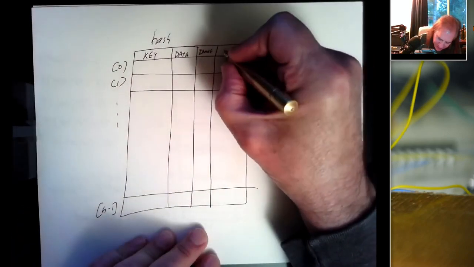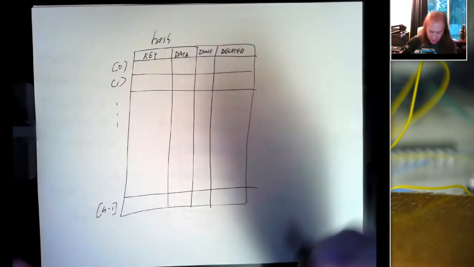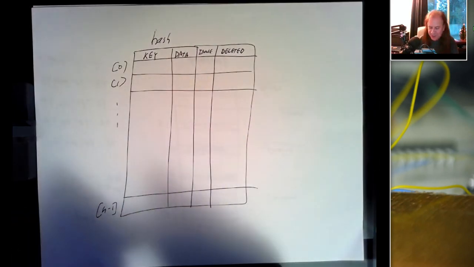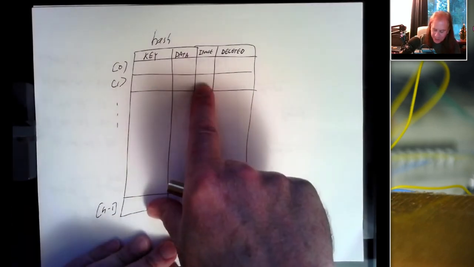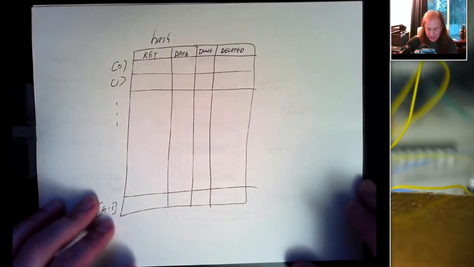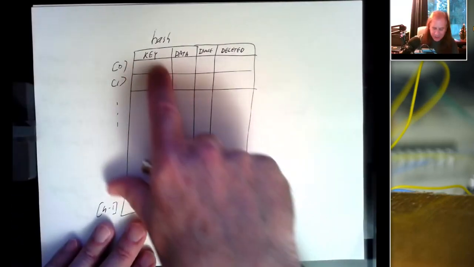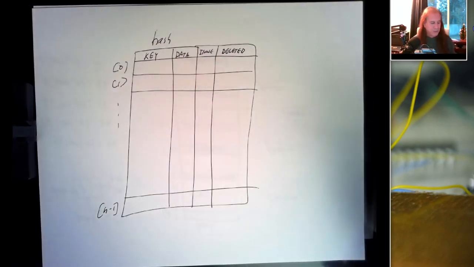And we also want a flag saying deleted. Was there something in there that got removed? Because if there is, we need to know that so that even if the cell's not in use anymore, we know that we should keep reprobing when we search for things. So our hash table will actually be an array of structures containing these pieces. And what kind of thing is key and data? Who knows, right?